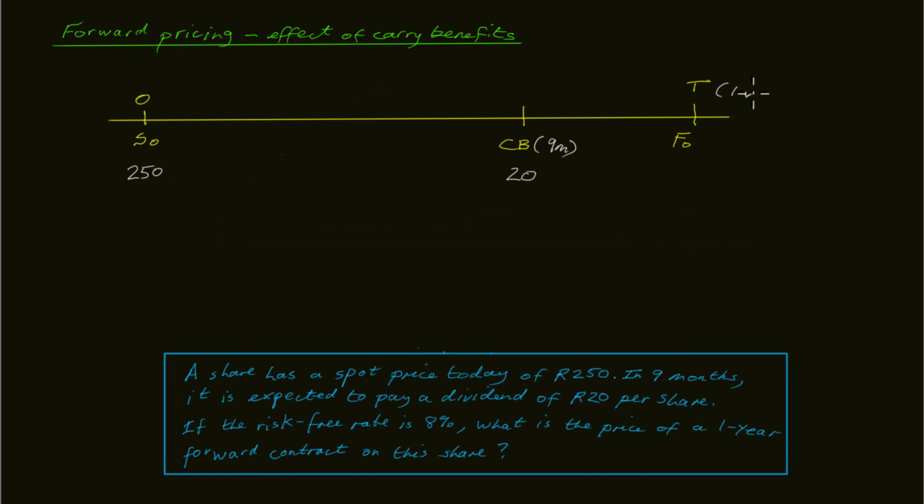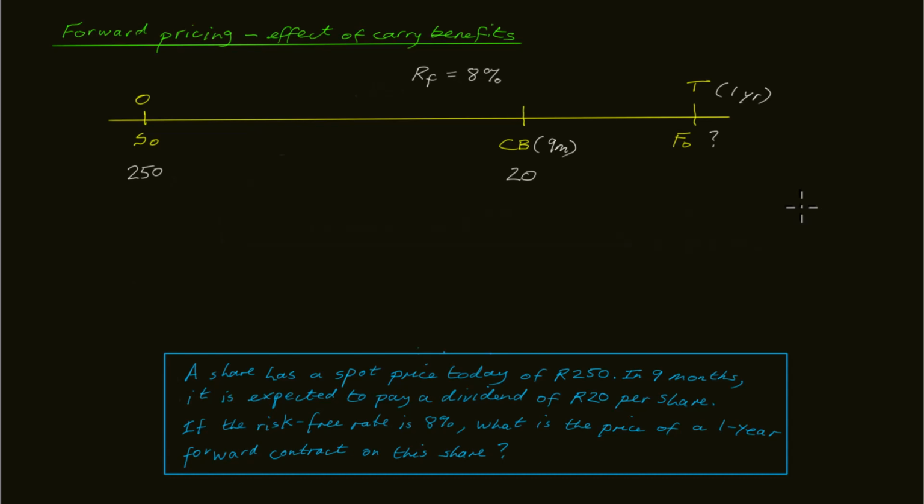And the forward contract in question has an expiration date which is 1 year away from today, and we are asked to determine the forward price. The risk-free rate that we have been provided is an annual rate of 8%, and we are of course going to be using that in all TVM calculations.